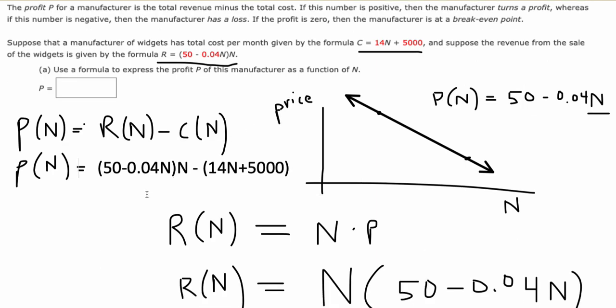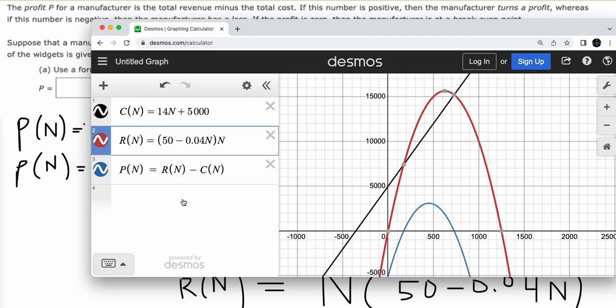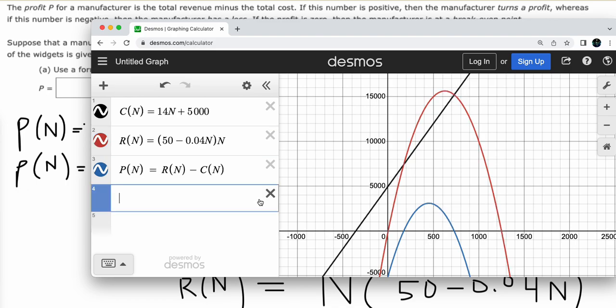So if we type that into Desmos, of course, we'll get the same curve as the blue there. You see the green, that's the profit function there. Now how do we find the maximum? We can just click on it in Desmos. That's the easiest way. We're going to eventually show how to do this algebraically to find that maximum value.